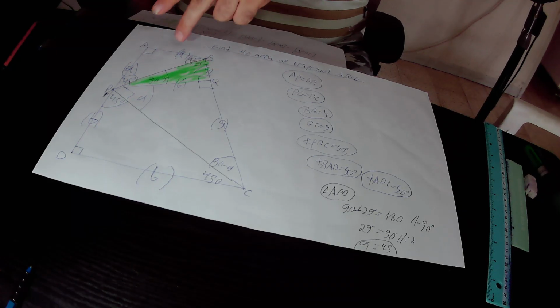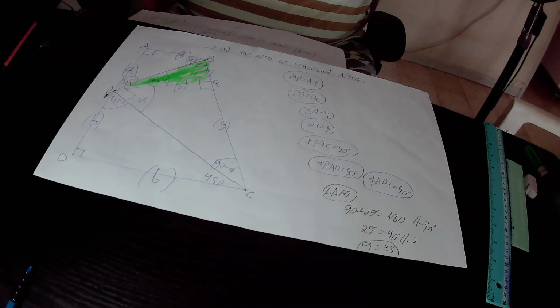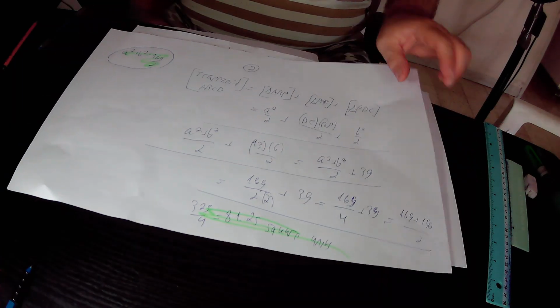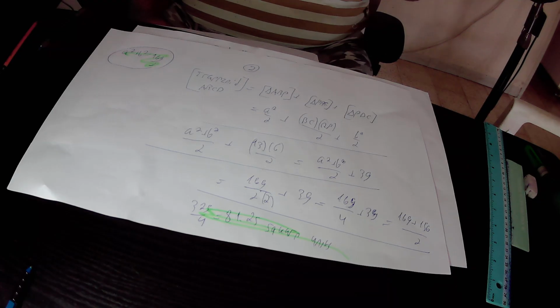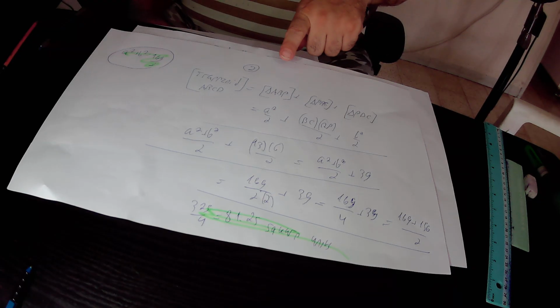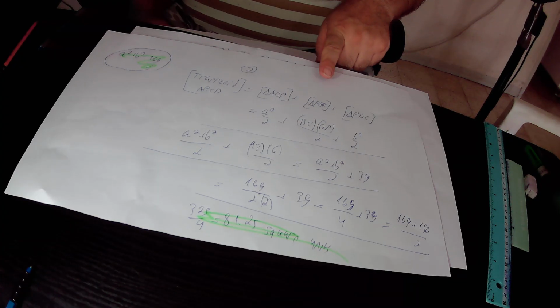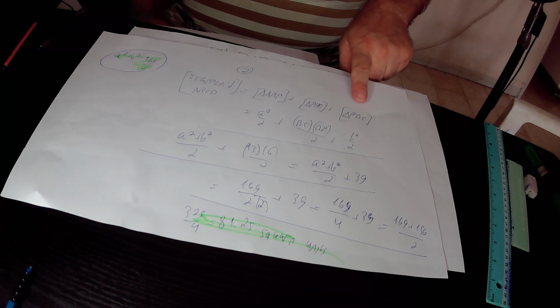So the sum of the areas of those three components must be equal to the area of trapezoid ABCD.